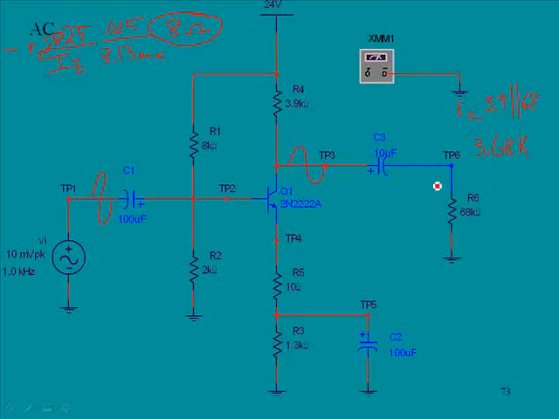Now, there's a little formula that says the gain equals RC over RE prime plus that value for the swamping component here, and then this would be RE prime right here. And so if we took that formula, we could say 3.68K divided by what will be 18 ohms, and if we divide that, that's going to be the value for A, and we could calculate the gain as being 204.